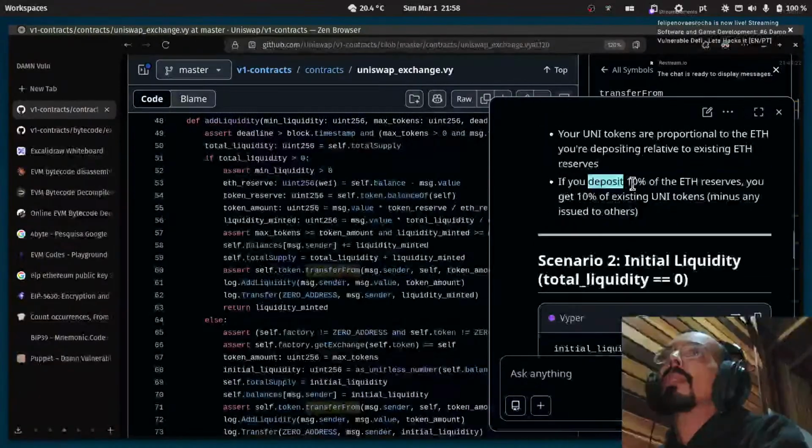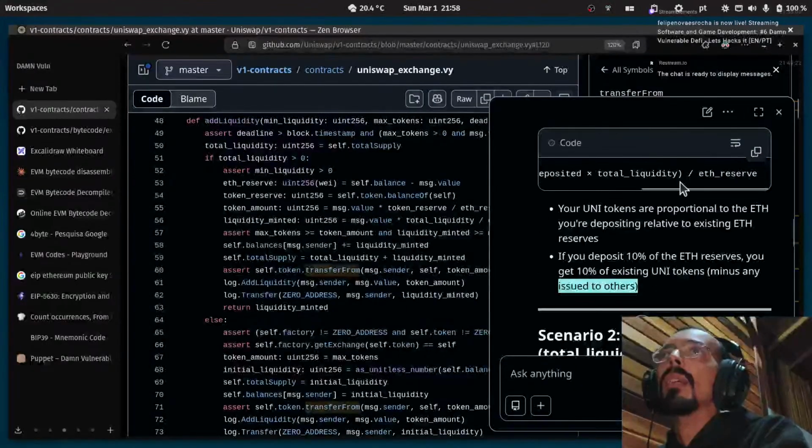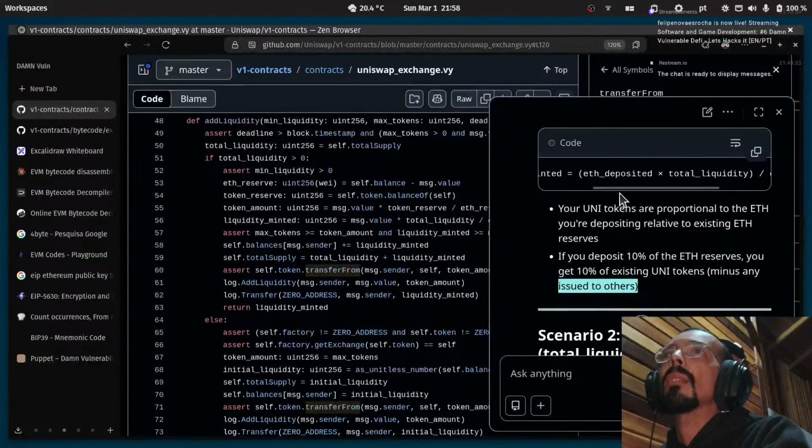If you deposit 10% of the reserves, you get 10% of the existing unit tokens minus any issued to the... Oh, okay, they have a calculation here. That's not clear here. So I deposit 10%, right?